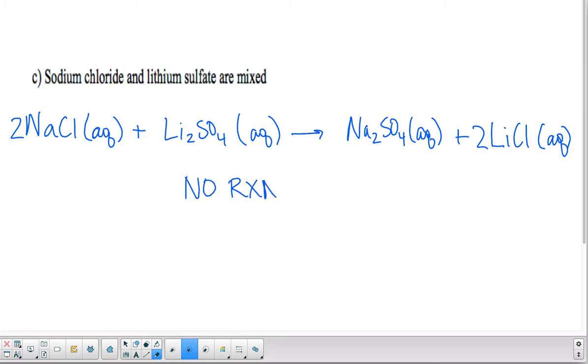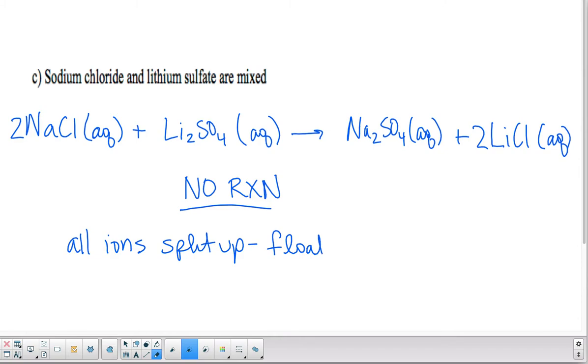All ions split up and float around in solution. This would be a good problem; I could see them potentially asking you to draw what's in the beaker. So I'd need to see all those ions in the beaker with no solid precipitate being formed at all. Okay?